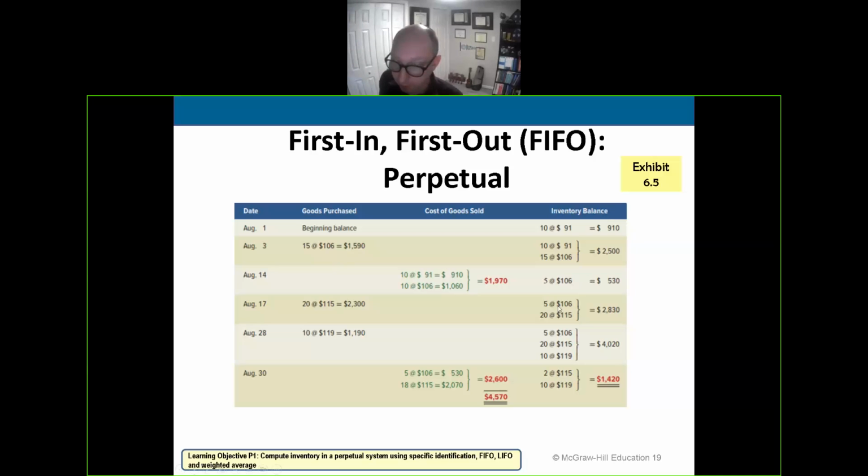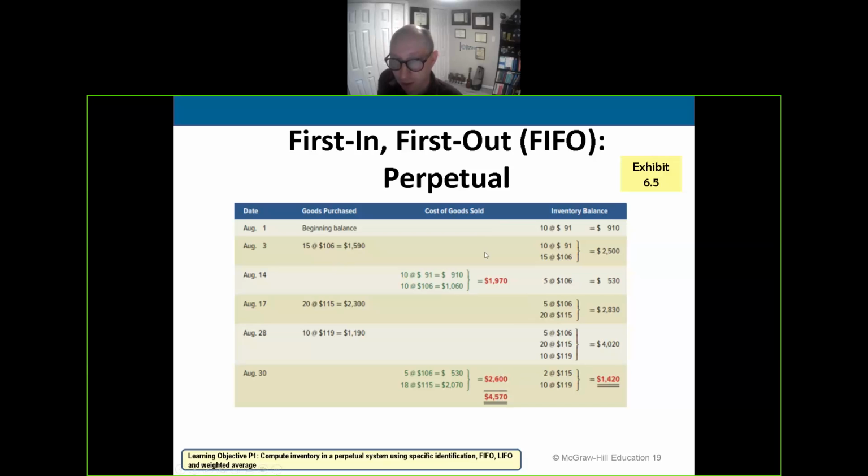So 5 at $106 would have been what was remaining. And then I'm going to sell 18 out of that second purchase, 18 at $115. Together, 23 bikes equals $2,600 cost of goods sold for that day.